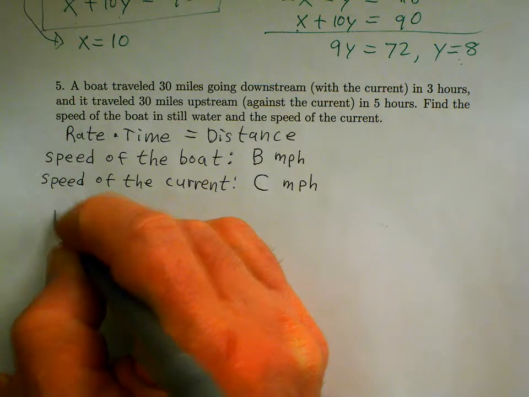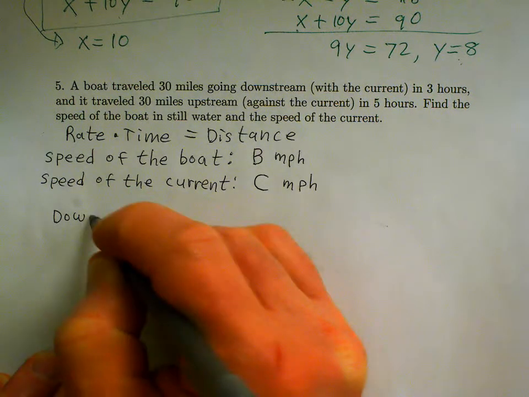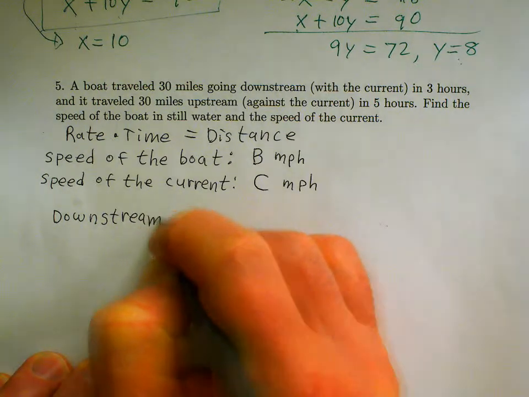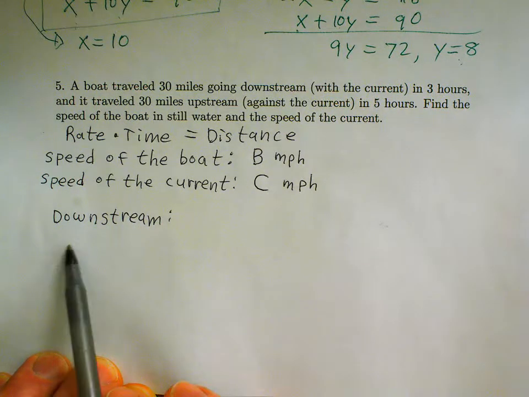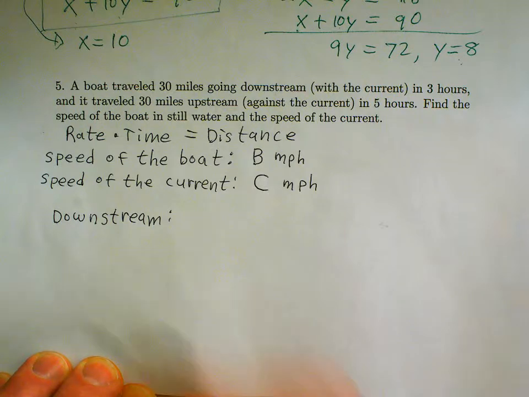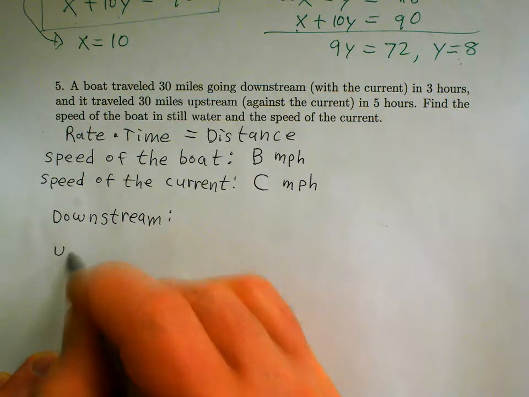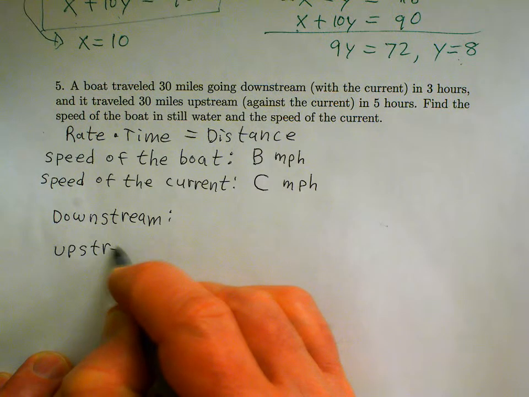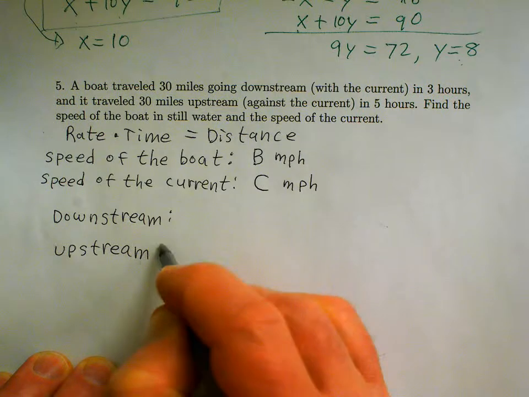And we'll write down two equations, one at a time. One involving the boat traveling downstream with the current, and the other equation involving the boat traveling upstream, which is against the current.